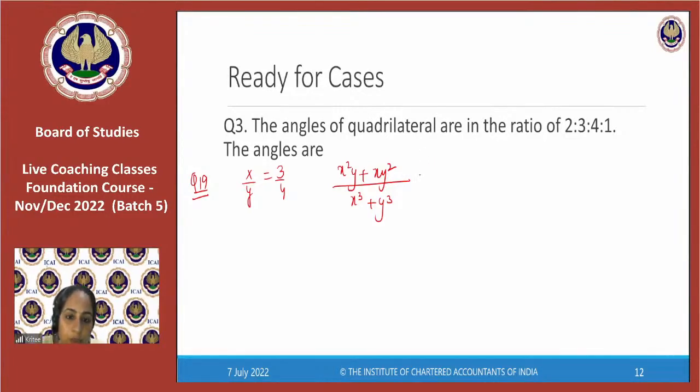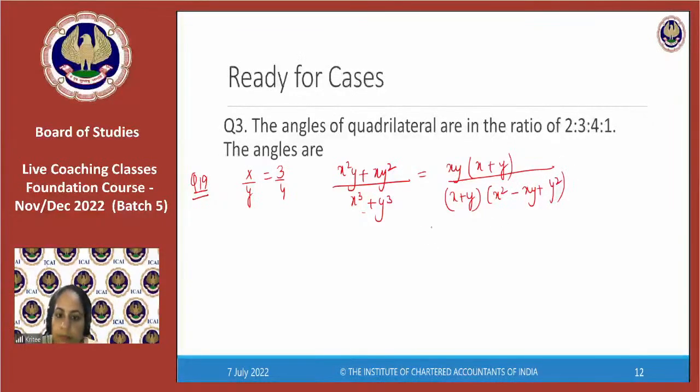So what we would be doing here is take out xy common. This will be x plus y. The denominator is a cube plus b cube, and a cube plus b cube is a plus b into a square minus ab plus b square. So this cancels out.